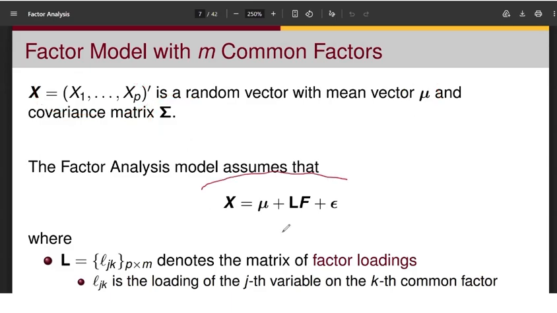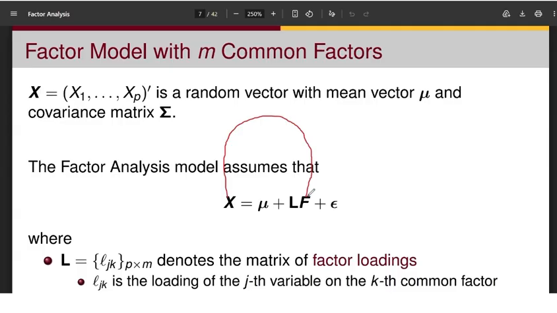Now, how is the model going to look? This is the model, and I want to explain each of the variables in it. We're trying to relate the original features with the hidden factors. This looks like a typical linear regression in statistics.